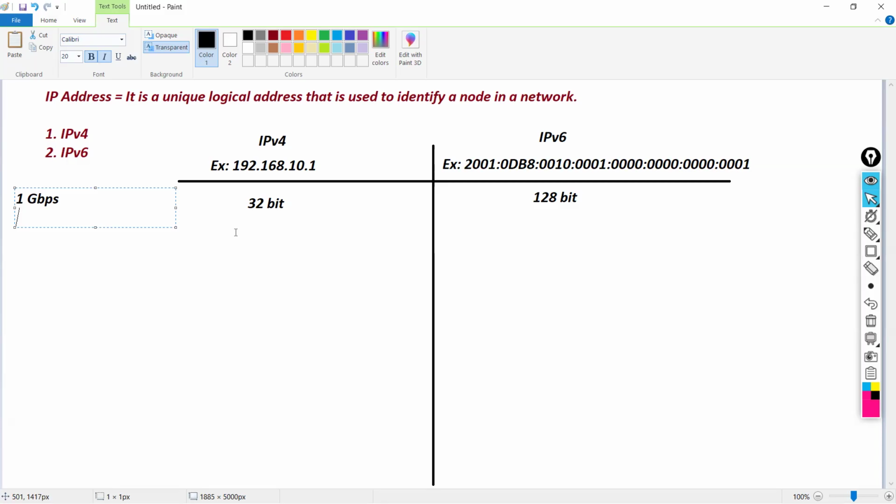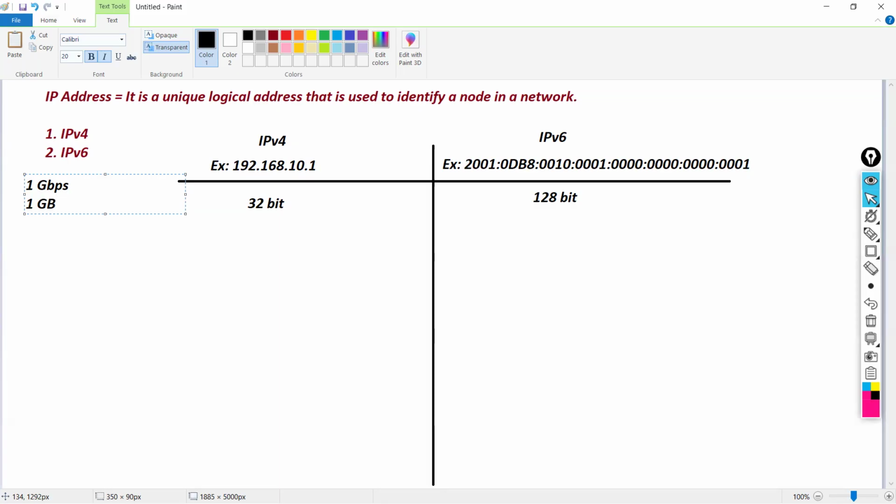But now you'll know how the service providers are playing with your mind. When they tell you they will give you 1 Gbps speed, you are thinking you will download a 1 GB file. So there is a difference. They are talking about 1 Gb with a small b, and what you are thinking is 1 GB with a capital B.